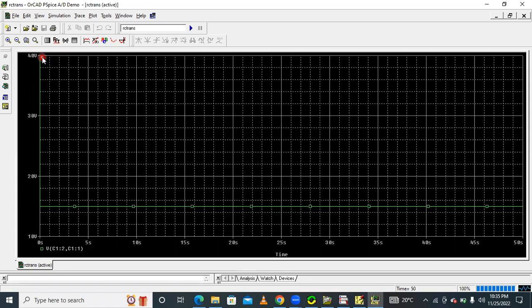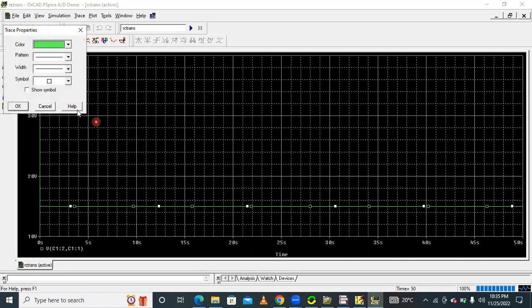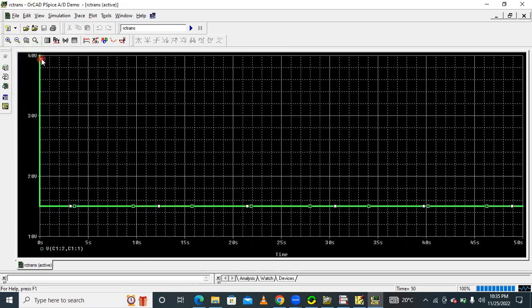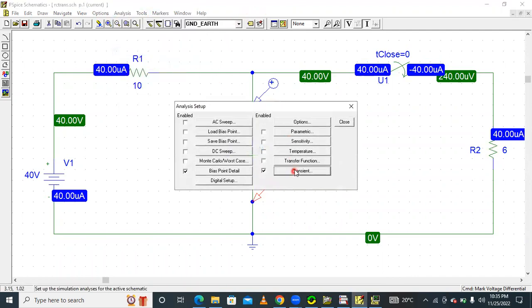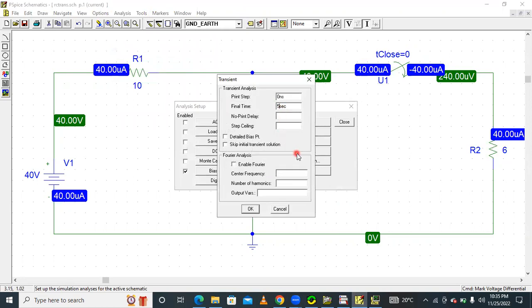From 40 volts onwards, the voltage across the capacitor changes. If the final time is 50 seconds, to understand how the voltage across the capacitor changes for less than 50 seconds, go to analysis, setup, change the final time to, for example, 5 seconds.